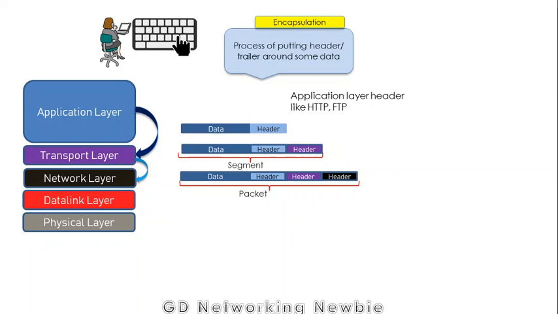For the network layer, from this point to this point is data, and this is the header introduced by the network layer. It's important that at the network layer this is called a packet, which means data plus header. Then the network layer hands over that packet to the data link layer.